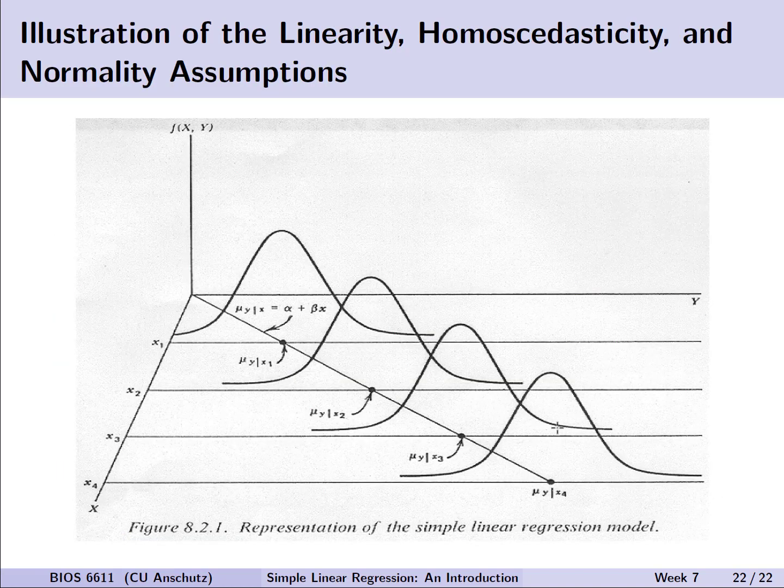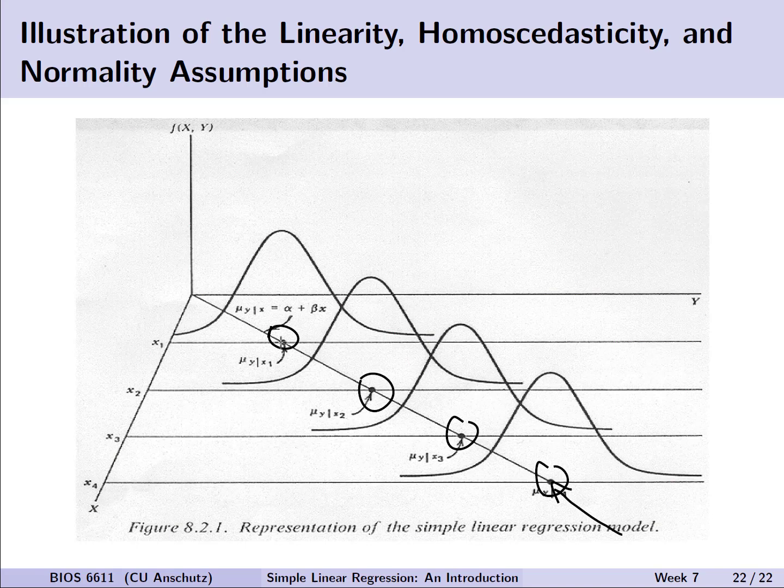In closing, to help visualize some of these assumptions, we can see this nice figure here, and where we have this linear regression line right here, and we see a couple different data points for different values of x. And what we see basically is that each of the points that we have on the line is that mean value, and then around that mean value for each level of x, there is an approximately normally distributed shape of observations centered around that mean.